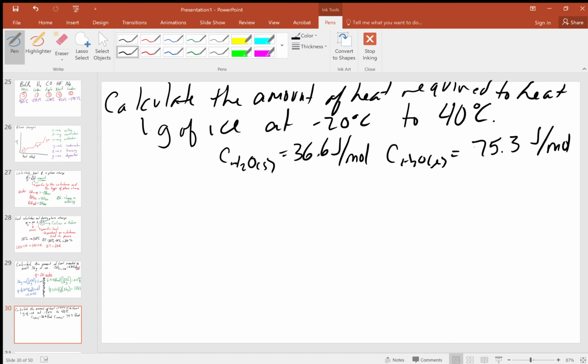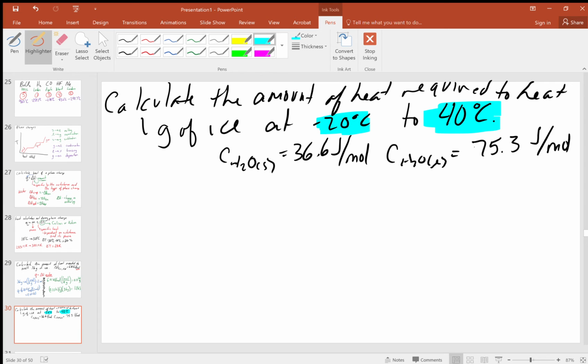So now we have 1 gram of ice, and we want to take this 1 gram of ice, which is starting at minus 20 degrees, and we want to get it up to 40 degrees. So initially this might seem like a very simple problem. We're just going to heat it up by 60 degrees, so we take mass times C times delta T. What makes this more complicated is it turns out this is actually a 3-part problem.